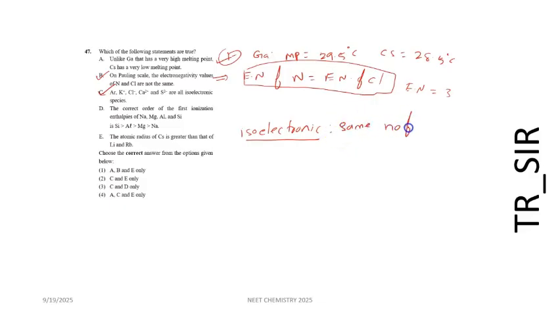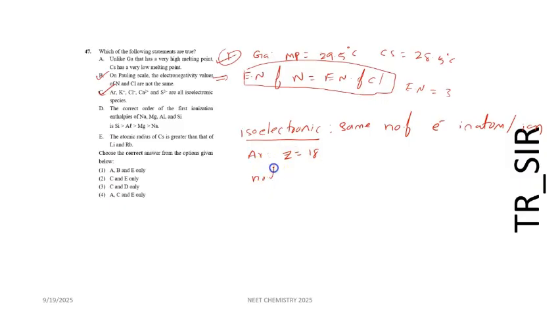Suppose I see argon: the atomic number is 18, that means the number of protons is 18.